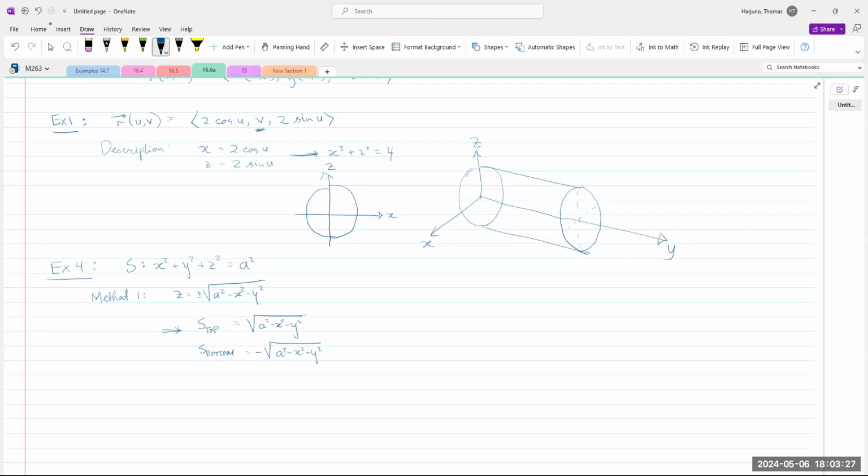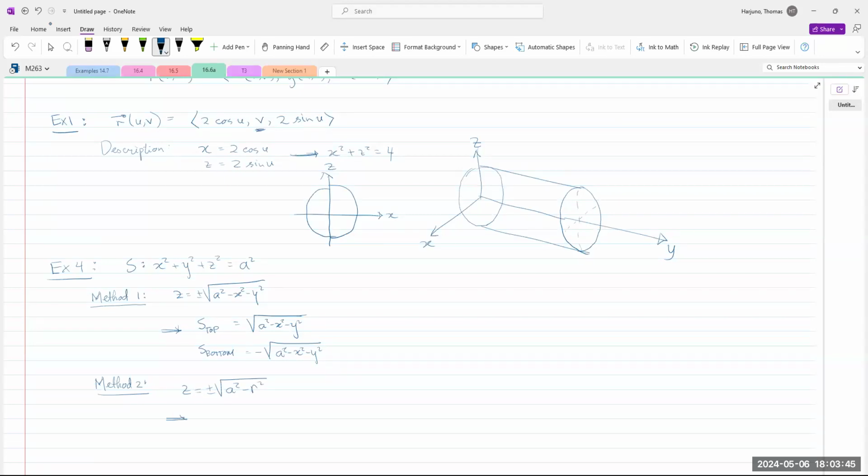Okay, now notice that even if I try to use the polar coordinate system, or in 3 dimensions we call that the cylindrical coordinate system, you end up with z equals plus or minus the square root of a squared minus r squared, right?